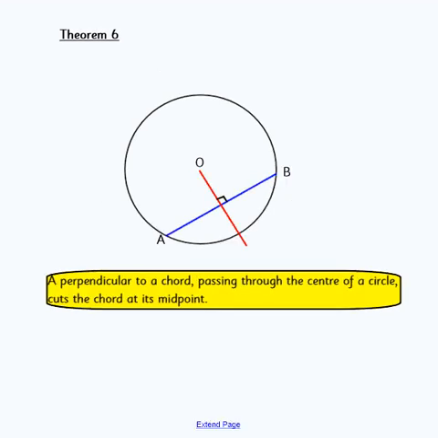Theorem 6, a perpendicular to a chord passing through the center of a circle cuts the chord at its midpoint.